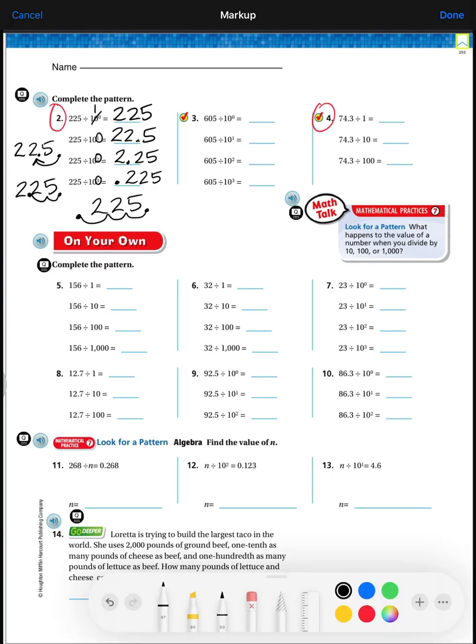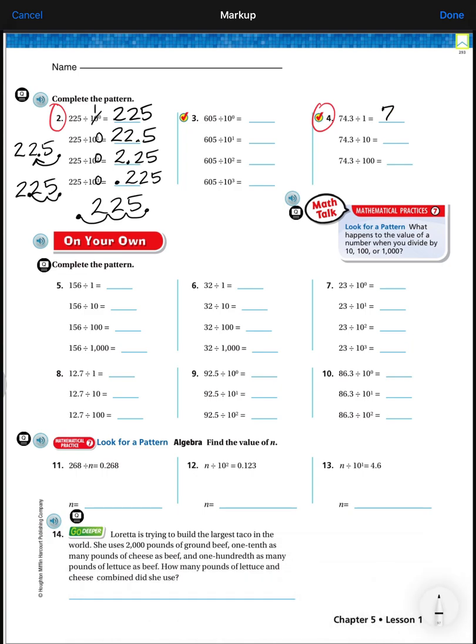Okay, let's look at number 4, because this one's different. We have 74.3 divided by 1. Anytime we take a number, whether it has a decimal or not, and we divide it by 1, it's just itself, okay? So 74.3 divided by 1 is just 74.3.